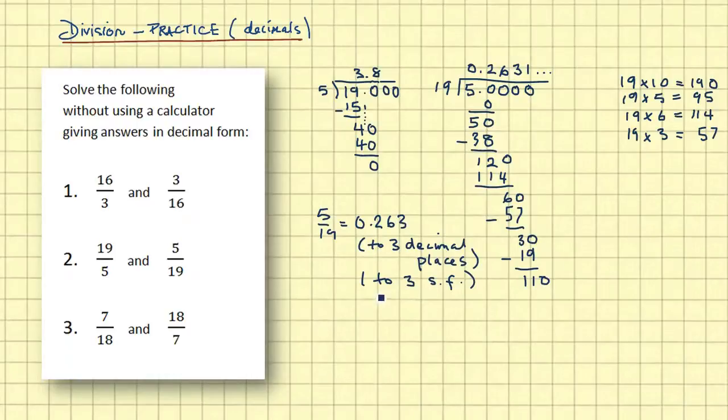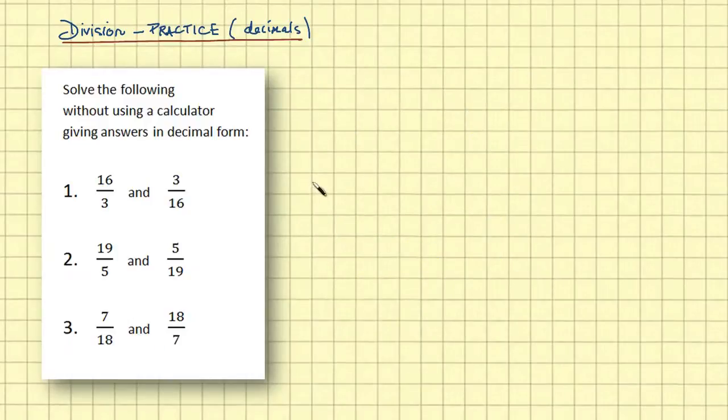Okay, so now that we've answered that one, let's move on to problem 3. Okay, so 7 divided by 18. We've got to be careful here because the pattern before was that they had the fraction second. This time it's 7 divided by 18.